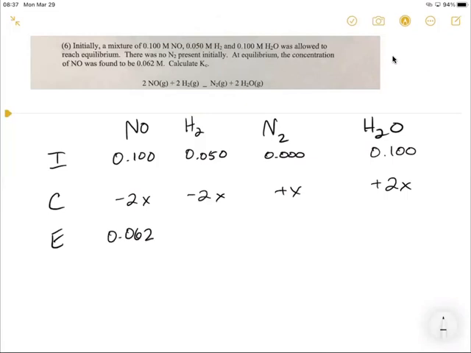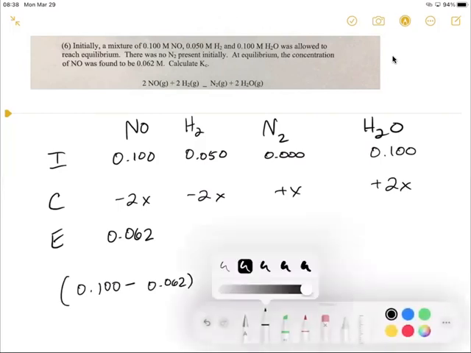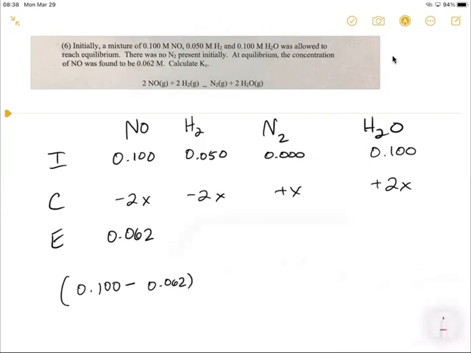So we can take the change in the NO concentration is going to be 0.100 minus 0.062. So I'm basically taking, let me change that to red, I'm taking the initial minus the equilibrium to figure out what this value is, not the value of x, but what the whole value is.